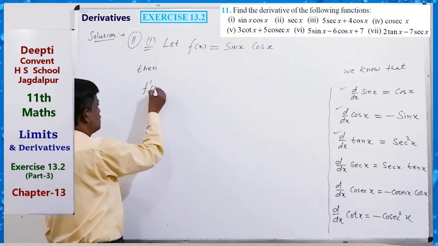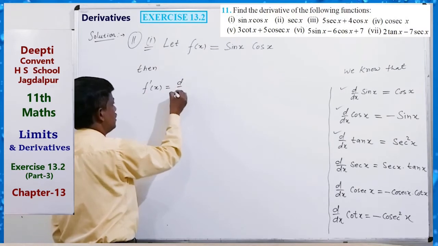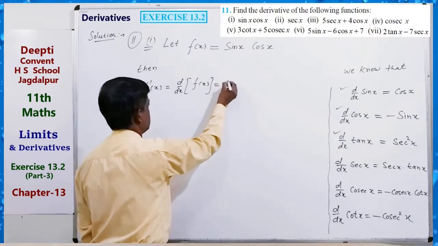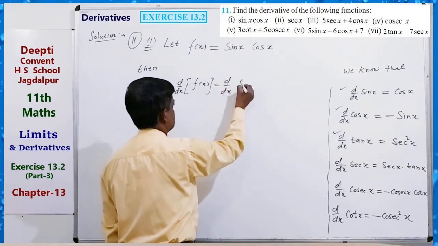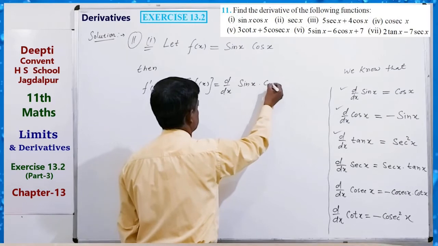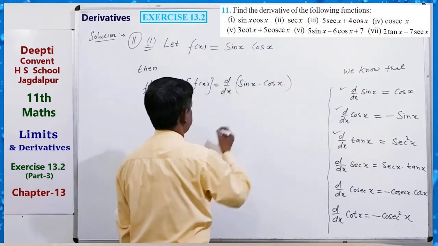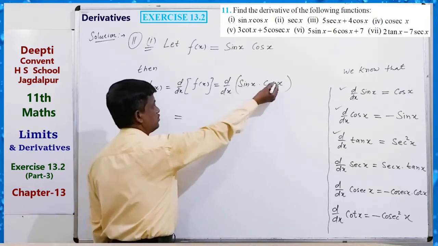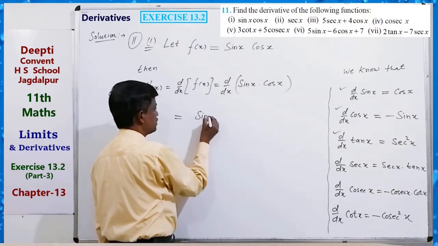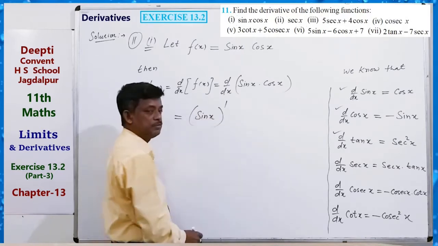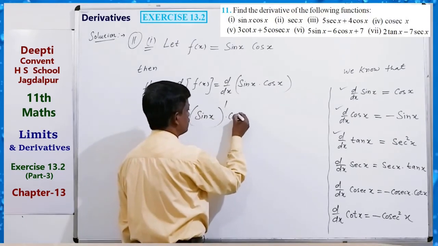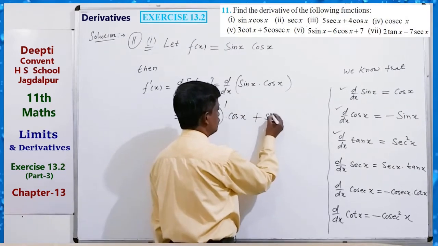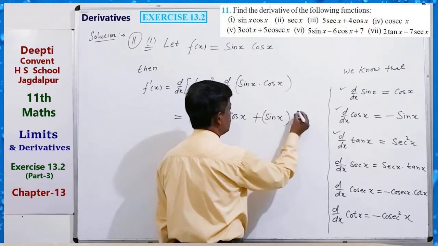So f dash x equals dy/dx of f(x), so we can write dy/dx of sin x into cos x. Now using the product rule, this is u, this is v: u dash into v plus u into v dash.